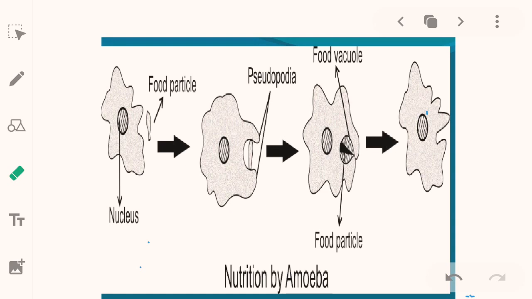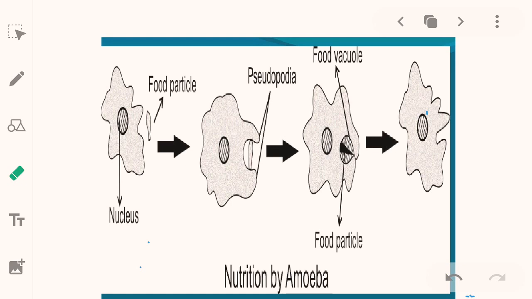Amoeba takes in food using temporary finger-like extensions of the surface. They are called pseudopodia, which fuse over the food particle, forming a food vacuole. Inside the food vacuole, the complex substances are broken down into simpler ones, which then diffuse into the cytoplasm. The remaining undigested food material is moved to the surface of the cell and then thrown out.